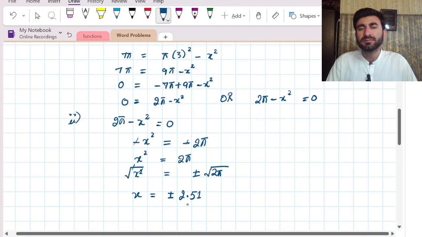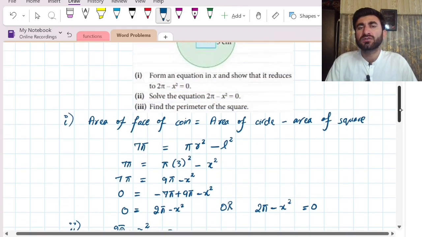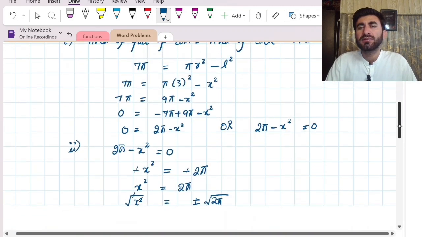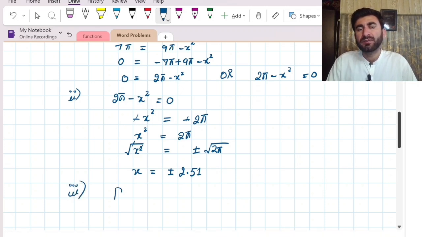So that was the second part. In the third part, it said find the perimeter of the square. The length of the square was x. We know the perimeter of a square is 4 times its length. Here we should clarify that because x was the length of the square, x cannot be negative.